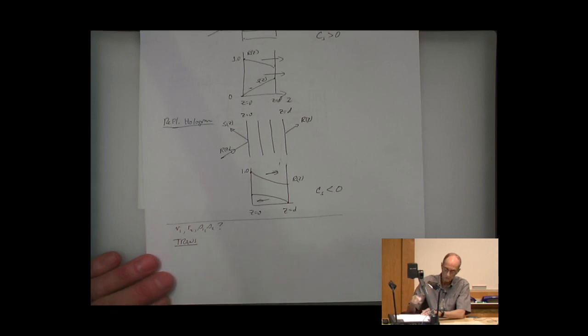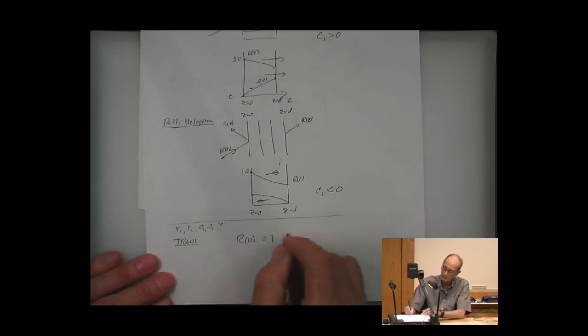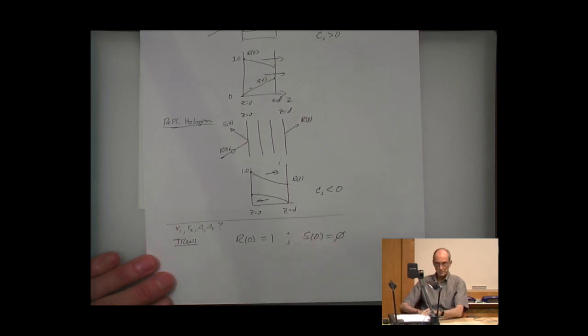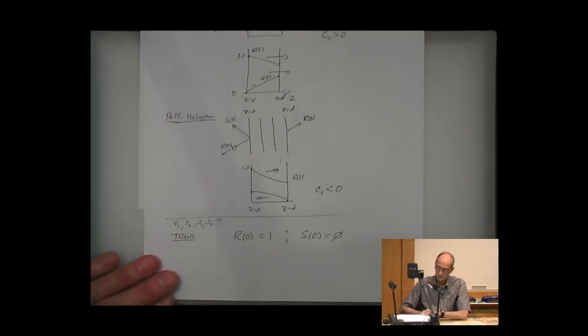All right, and so we said that R of 0 for the transmission hologram is equal to 1, and S of 0 is equal to 0. Right? There's no transmission diffraction efficiency at the start of the grating at z equals 0.